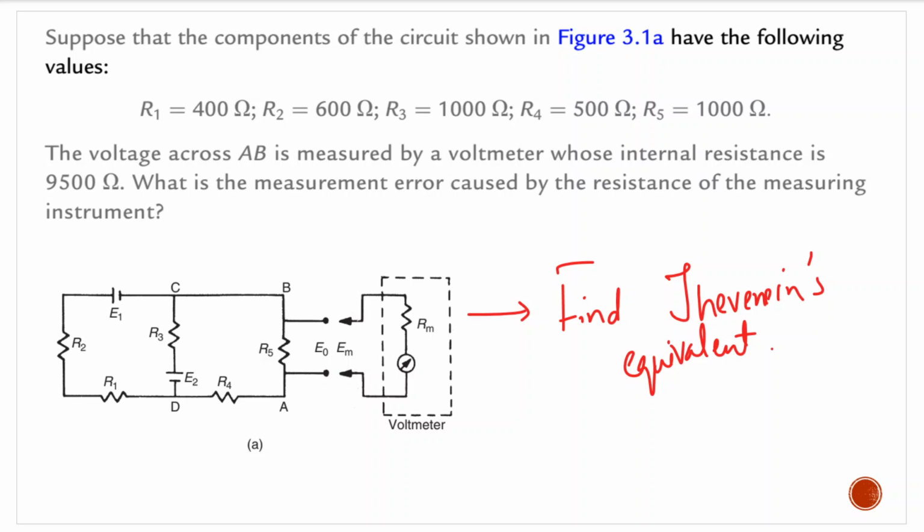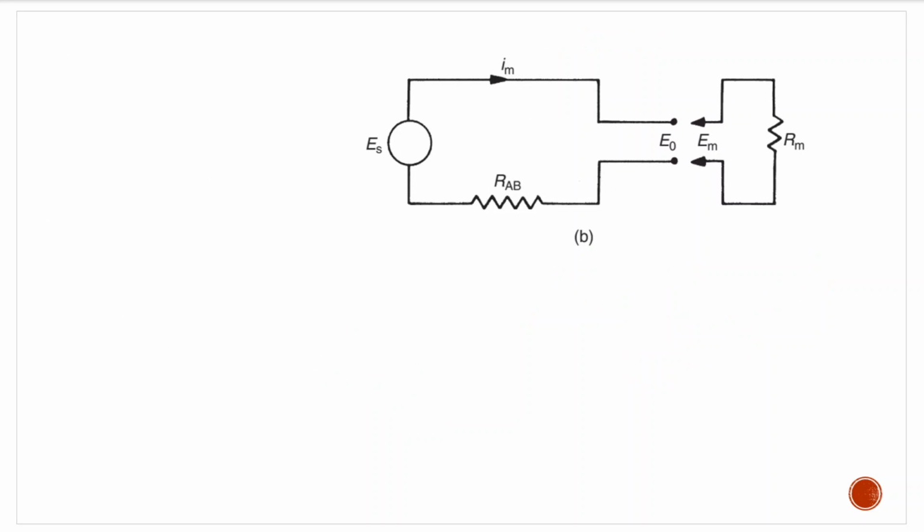So once you find out the Thevenin's equivalent in this fashion, this will be the Thevenin's resistance. ES is the Thevenin's voltage. You do not need to calculate the value of ES. You only need to find out this RAB.